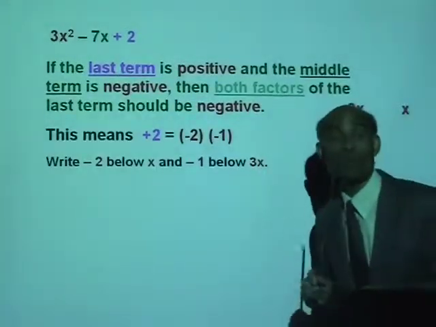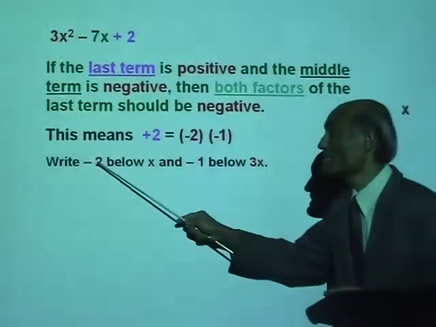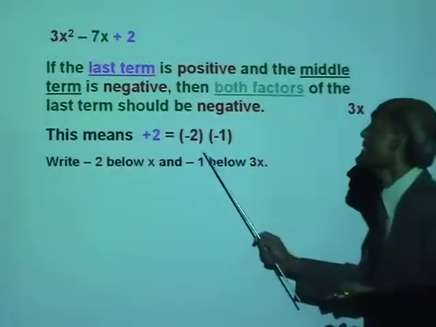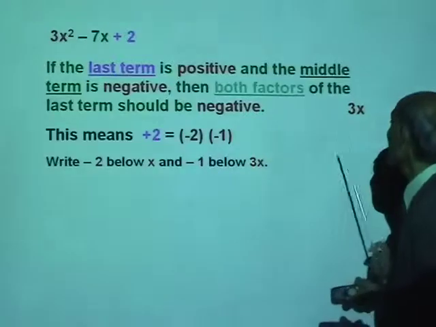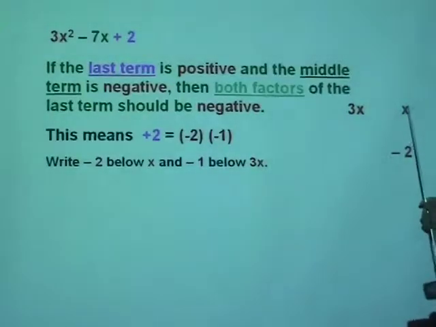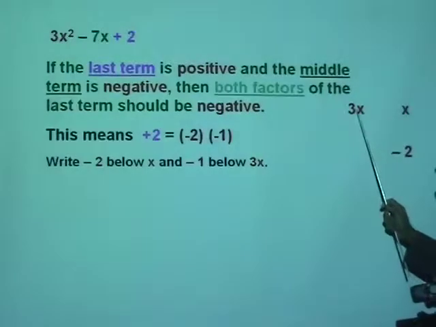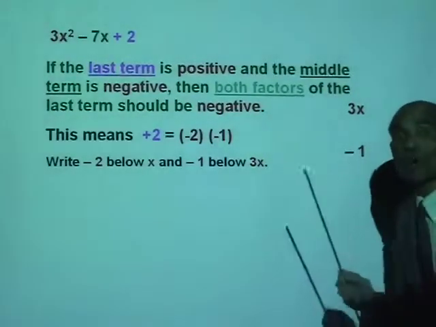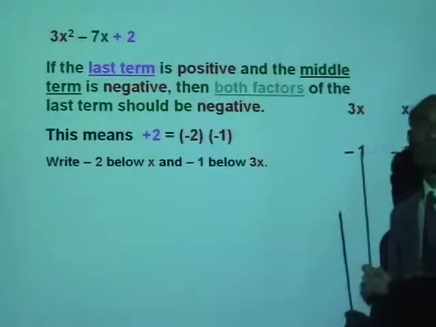And look at the way I'm going to organize it. Write negative 2 below x and negative 1 below 3x. I wrote the negative 2 below x and the negative 1 below 3x. Now, how do you know where to write this?